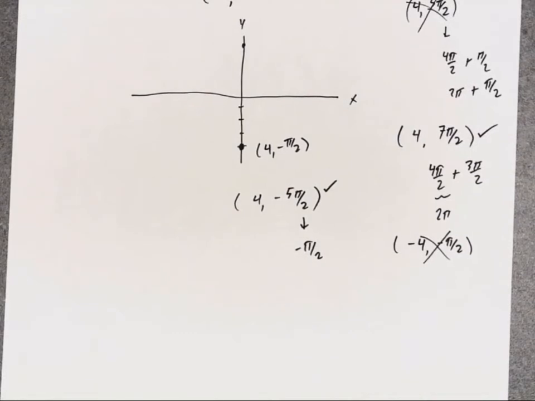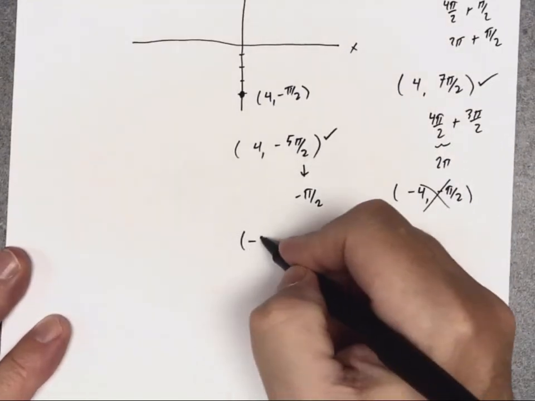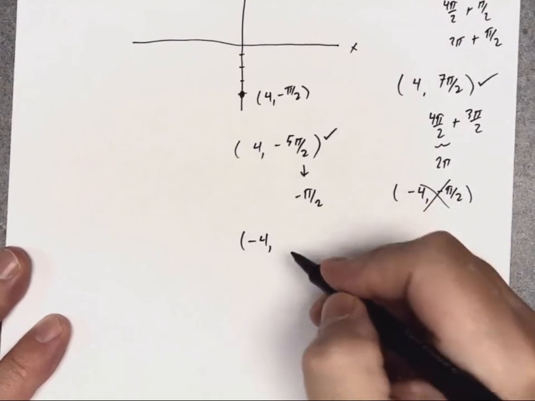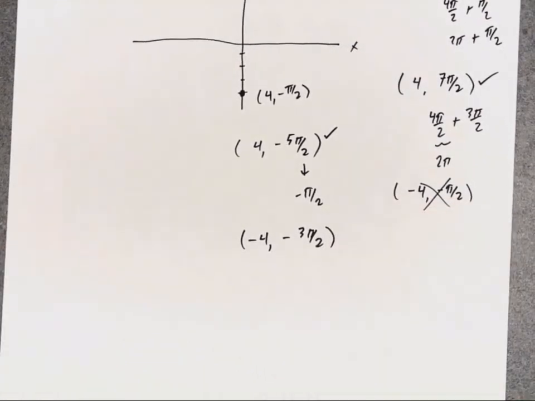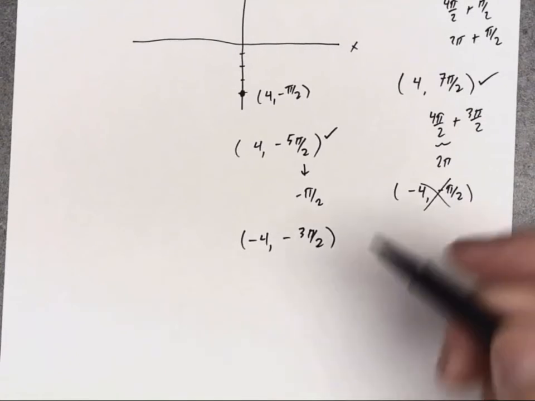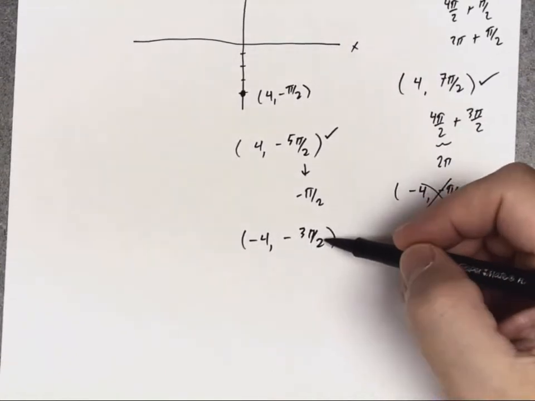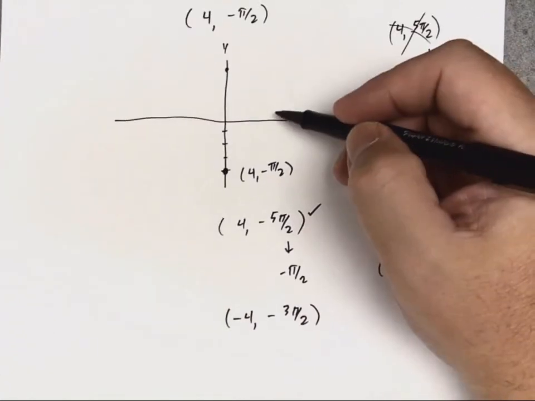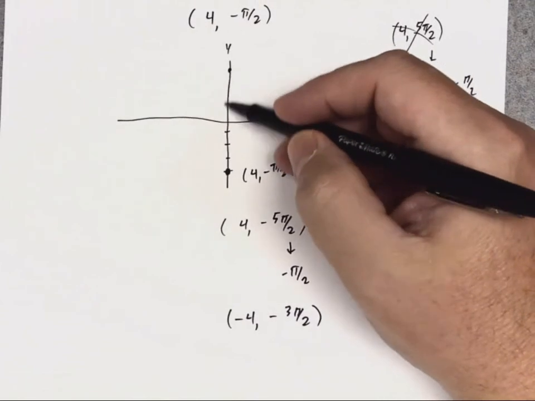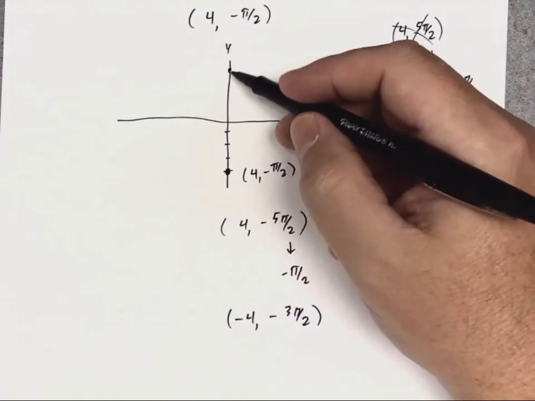And now a couple more. How about (negative 4, negative 3 pi over 2)? So let's go find the direction. Negative 3 pi over 2 means in the negative, clockwise direction, go to 3 pi over 2, which is the positive y-axis.